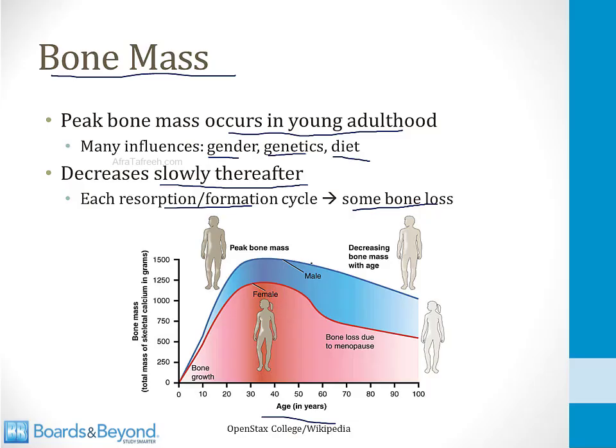First of all, males achieve a higher peak bone mass than females. That's why osteoporosis is more common in females. In addition, when females undergo menopause and lose estrogen from the ovaries, their rate of bone loss is accelerated. So this is why elderly females are the most common demographic to develop osteoporosis. They have a lower peak bone mass and they have accelerated bone loss after menopause.